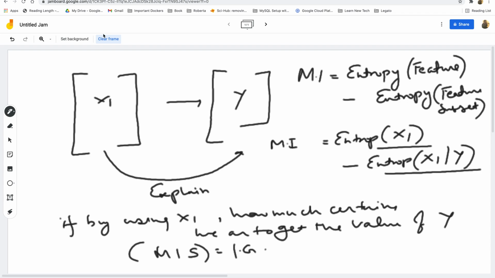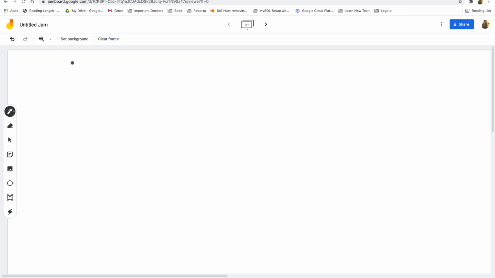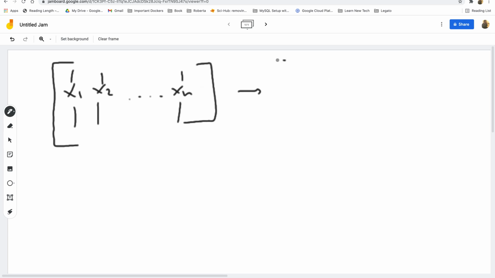I'll clear the screen, and suppose again I have the columns. I have my x1, my x2, till my xn, and it leads to my y. Now I keep the data as it is and only select one column, suppose this column.